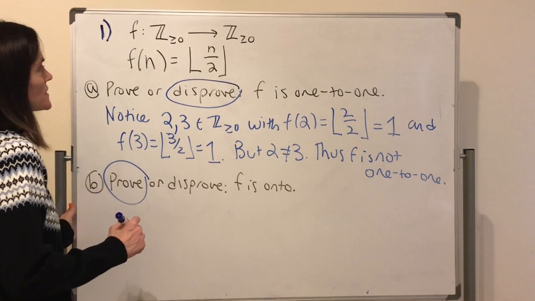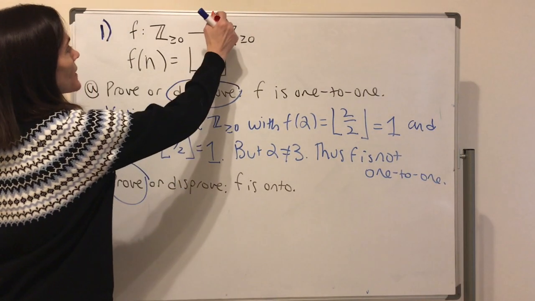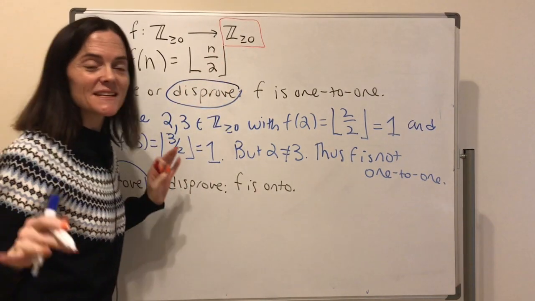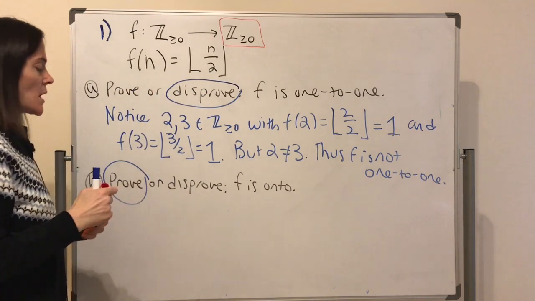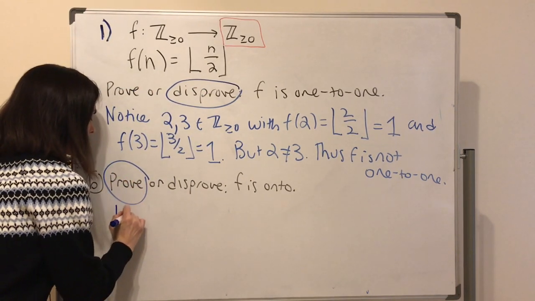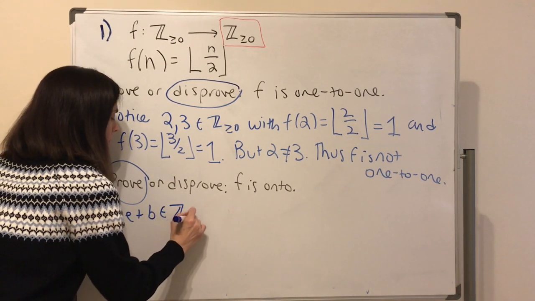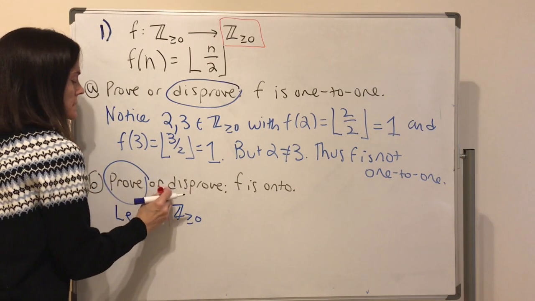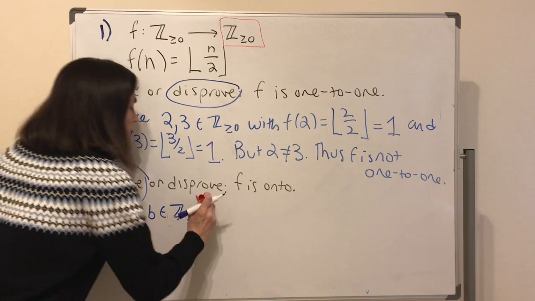So let's prove this is onto. Well, let me focus on this part, because onto has to do with this. Onto says that the image of the function is all of the codomain. So to prove this, we let b be in here.